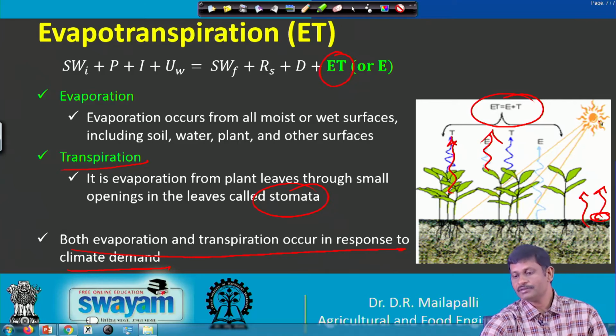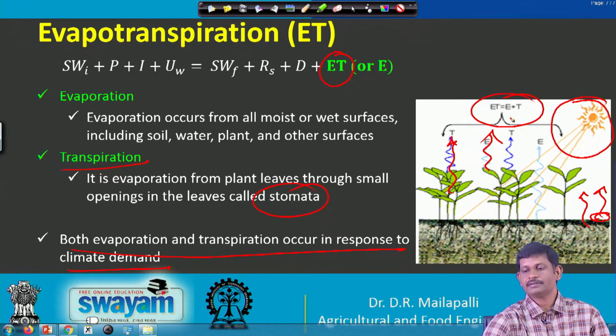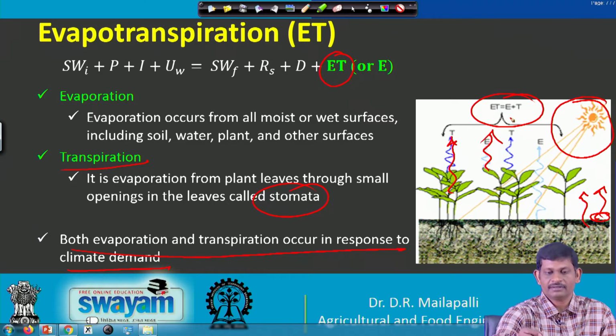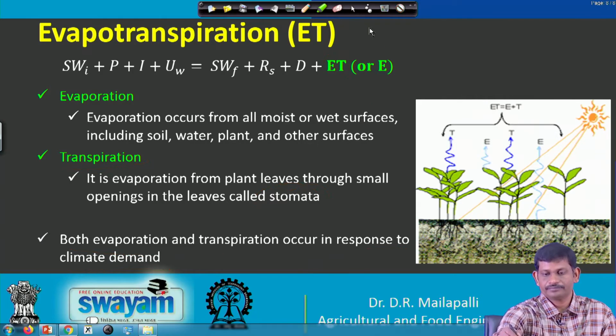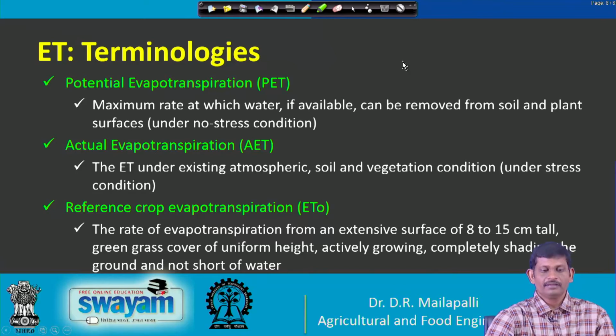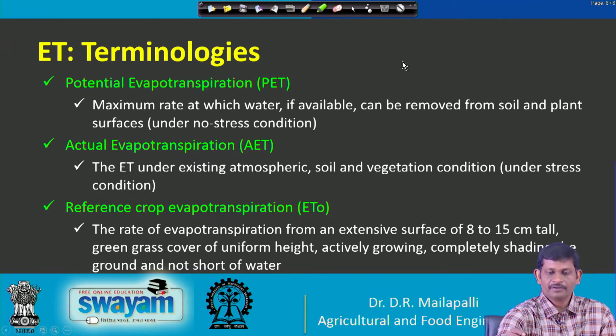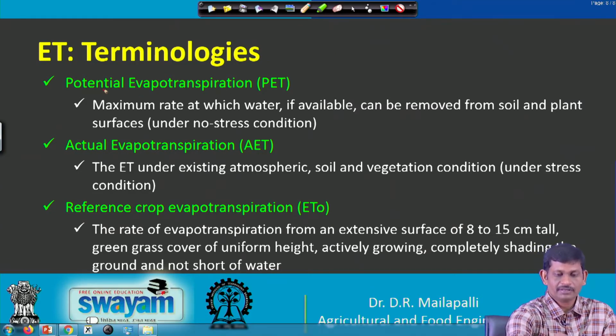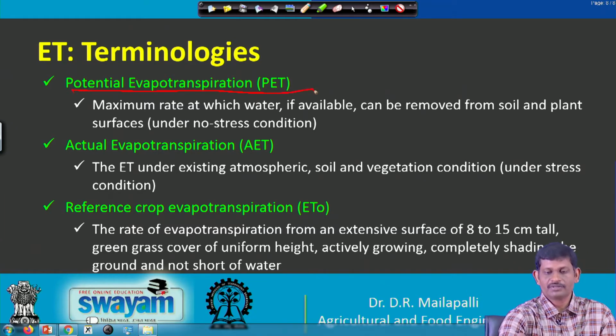But this is all happening due to climate demand. The climate demand depends on the solar radiation, temperature, humidity, wind speed, and other parameters. The terminologies for ET include, first, potential evapotranspiration.